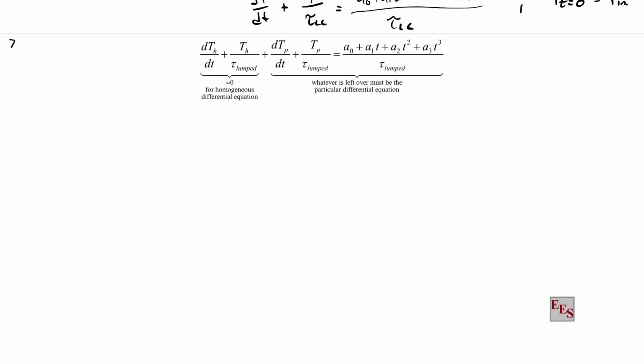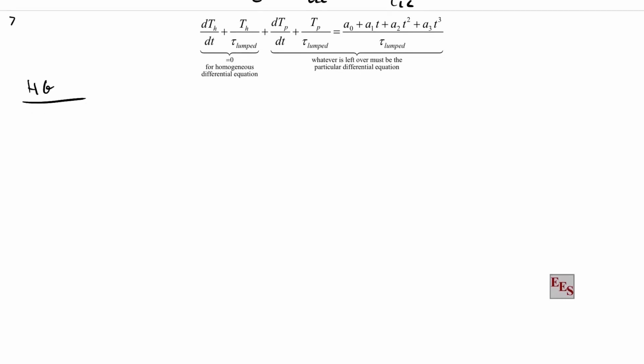All right, so we break this out. We'll go through this quickly. On the homogeneous solution, we say dTh/dt plus Th over tau LC is equal to 0. That's our homogeneous problem.